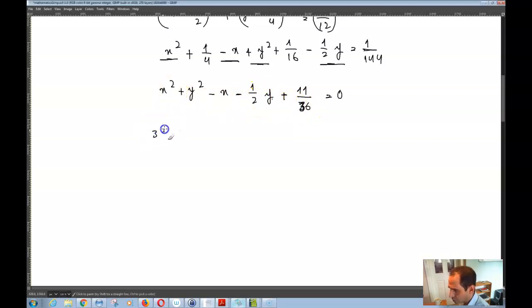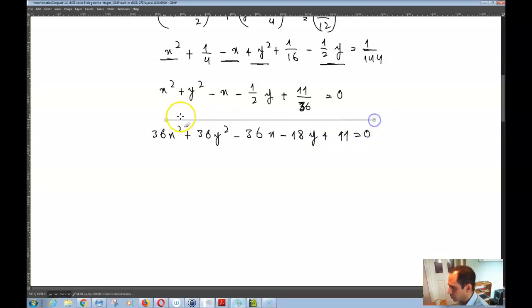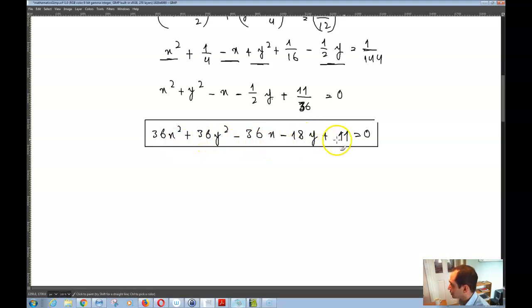So you will get 36x squared plus 36y squared minus 36x, now 36 divided by 2 is equal to 18, minus 18y plus 11 is equal to 0. And that is the equation of your line: 36x squared plus 36y squared minus 36x minus 18y plus 11 is equal to 0.